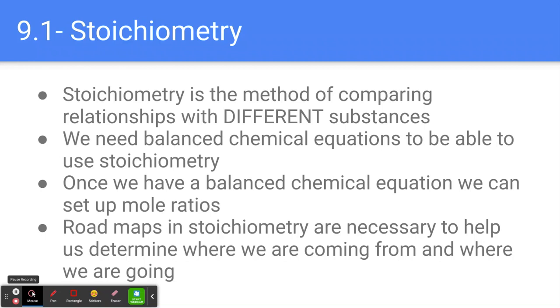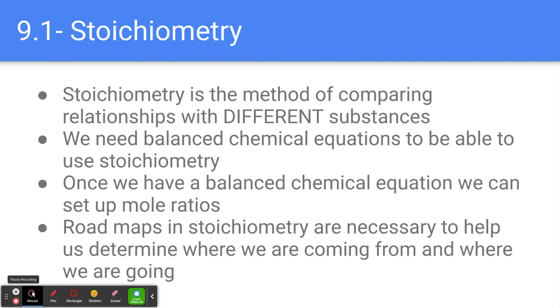Once we have a balanced chemical equation, we're going to be able to set up what are called mole ratios. We're also going to be using roadmaps in stoichiometry. We've used them a little bit before with our conversion factors and with our more simple conversions like mass to moles or moles to molecules to atoms, but now it's going to be very important to use roadmaps to figure out where we're coming from and where we're going.